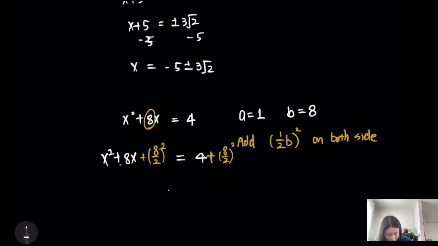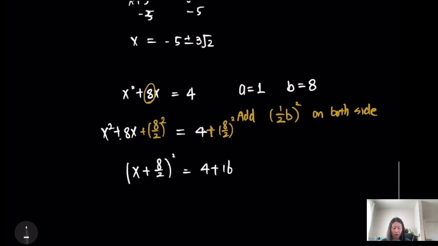Now I will write this equation as x plus half of b squared, equals 4 plus 16.